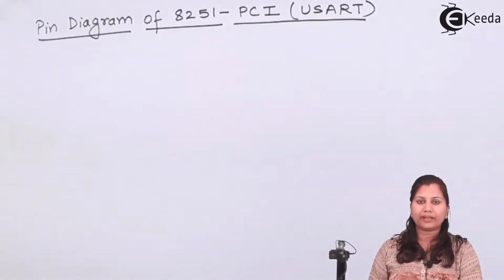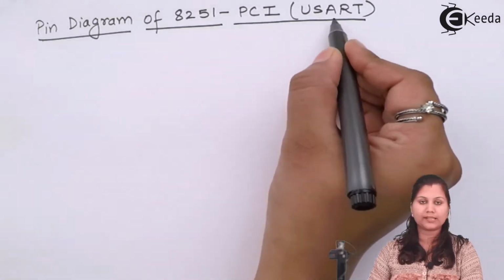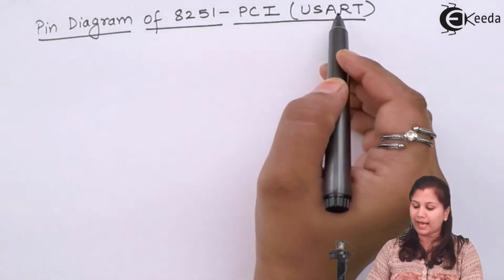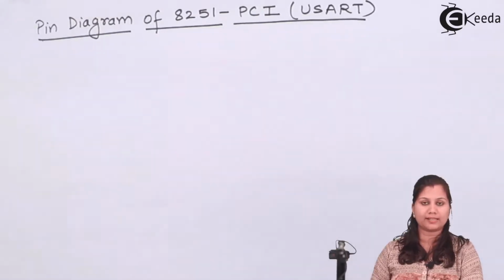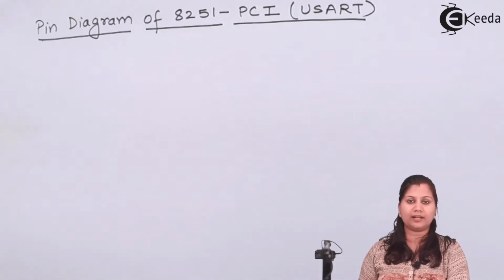This 8251 Programmable Communication Interface, also known as USART, acts as a universal synchronous asynchronous receiver transmitter. In the case of transmission of data from the microprocessor to the peripheral devices, this USART converts the parallel data into the serial data so that it can be transmitted to the peripheral devices.